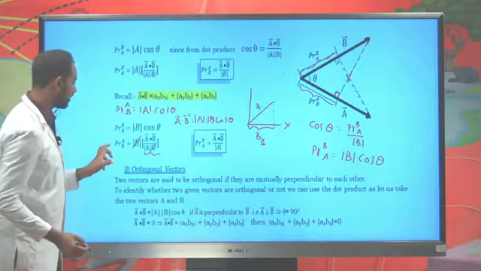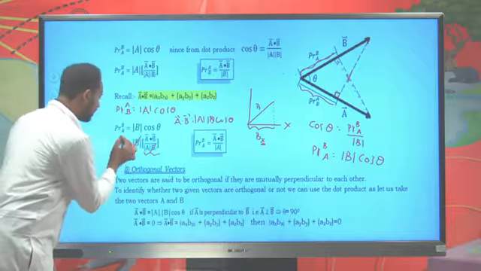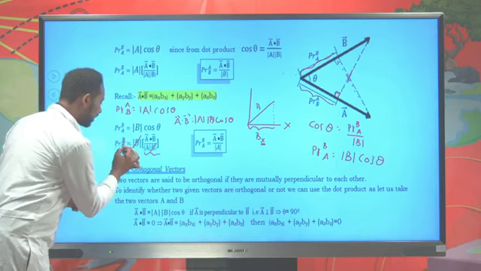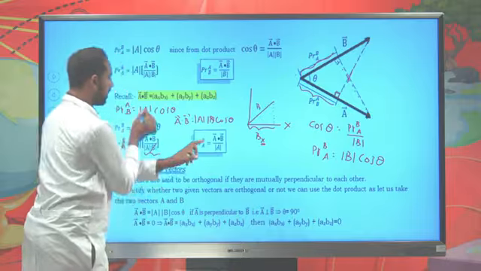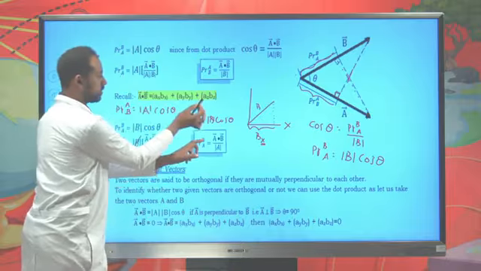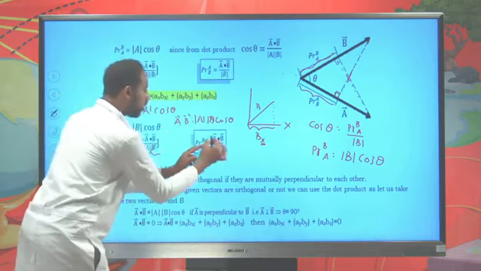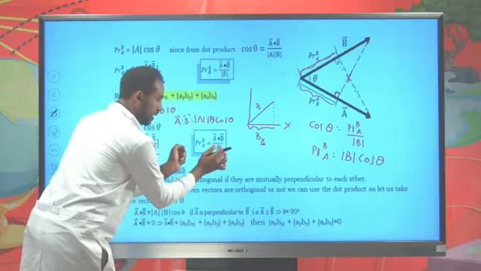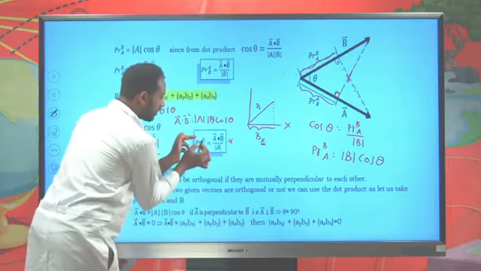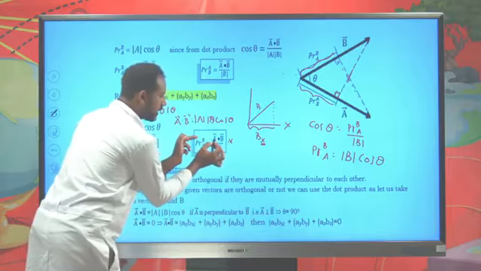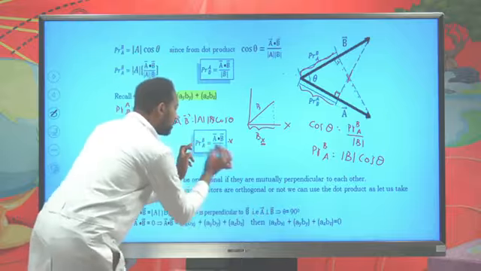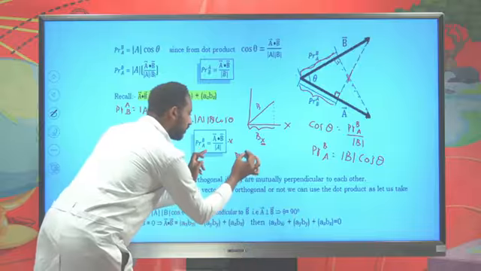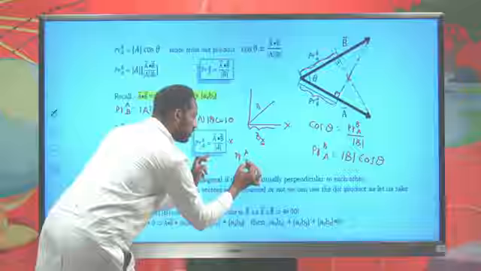At last, you can find that the projection of vector B onto A is A dot B. How do we determine A dot B? Using this, we have already previously discussed it, over the magnitude of A. It's possible to find the projection of B onto A as A dot B over the magnitude of A. How do you determine the projection of vector A onto B?